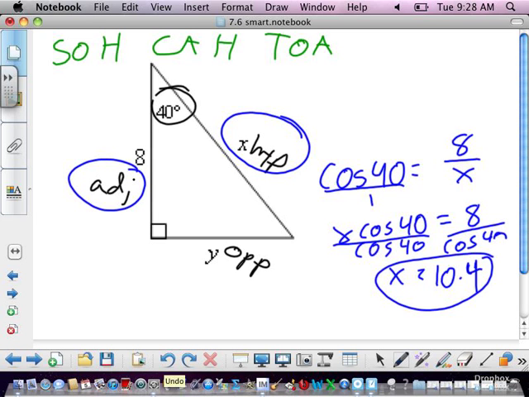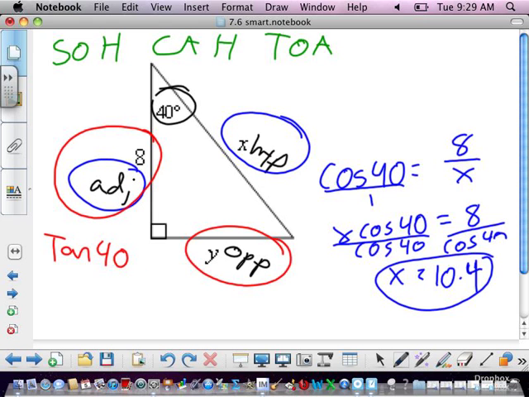Okay, we found x. We've got to find y. Okay, if we're looking at, again, we look at the number we're given and y. So we've got adjacent and opposite. Which one is it? Sine, cosine, or tangent? Tangent. So the tan of 40 equals the opposite over adjacent. We cross multiply.